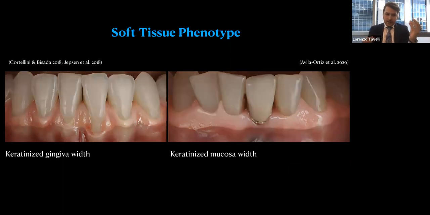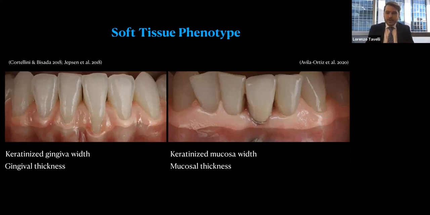Both around teeth and dental implants, we can recognize the amount of keratinized tissue. Around teeth it is called keratinized gingival width; around dental implants it is called keratinized mucosa width or keratinized tissue width. Both teeth and implants also have a horizontal dimension of the soft tissue in terms of thickness, which around teeth is called gingival thickness and around dental implants is called mucosal thickness.